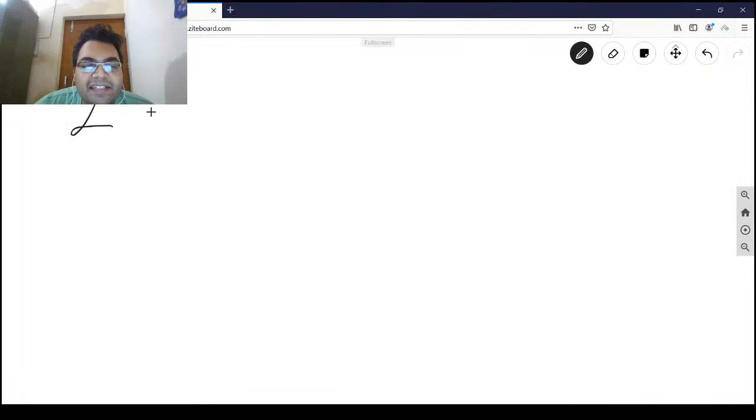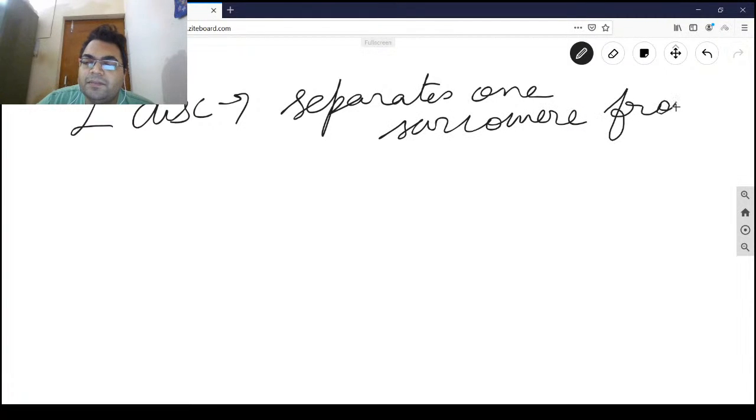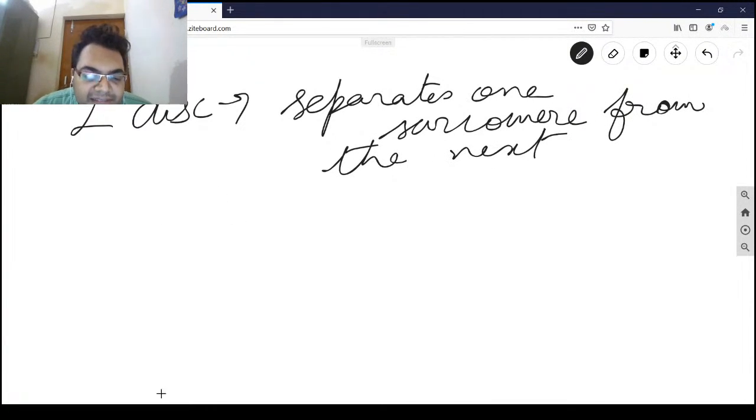If you are attempting the test tomorrow, then the Z disc is a narrow plate shaped region of dense material that separates one sarcomere from the next. That is our Z disc.